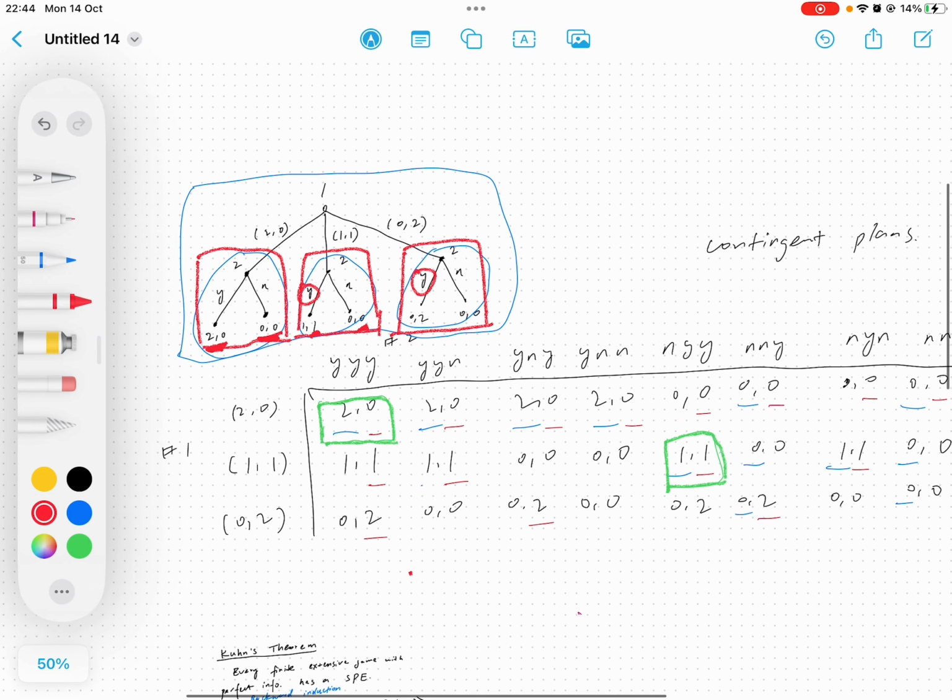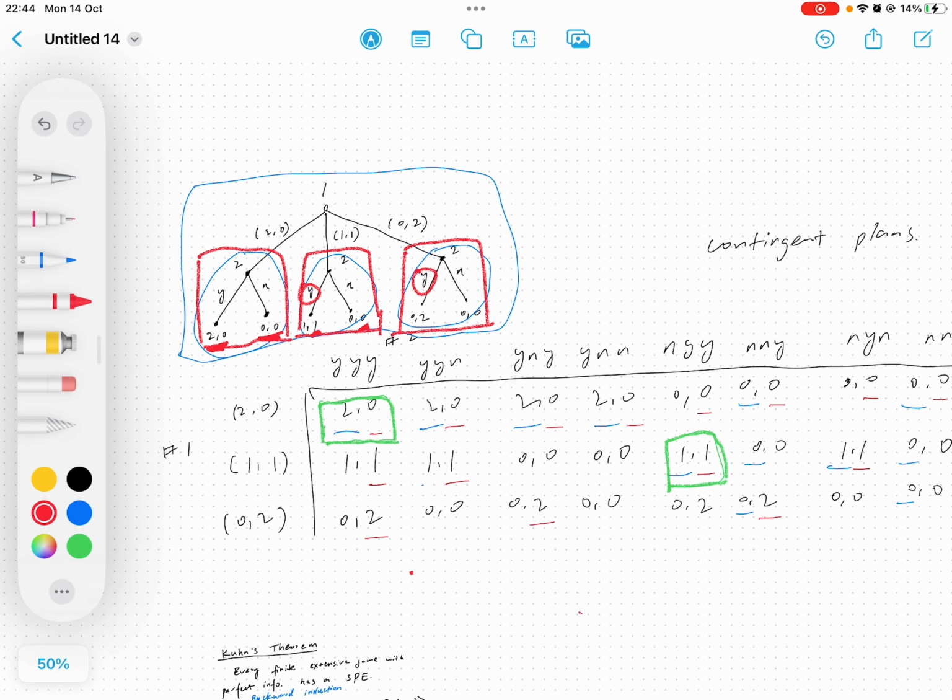In this case, we just delete or remove the other part, so this path is directly connected to here. That's essentially what the algorithm or the proof says. We just delete the one which is not the equilibrium strategy, and go from here directly to here, right?